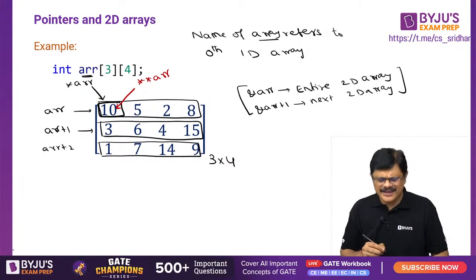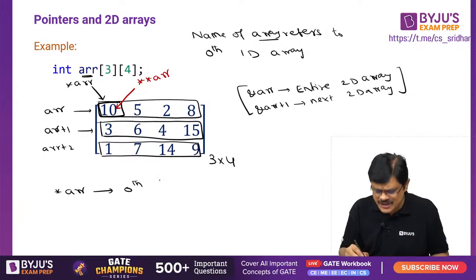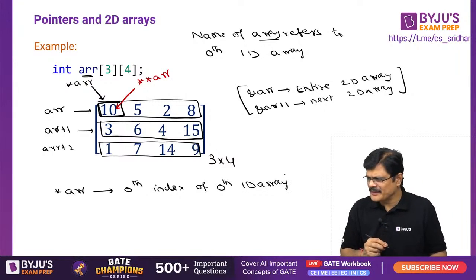If you understand, mostly the story is the same. So *ARR refers to what? The 0th index, or you can say the location of the 0th 1D array.